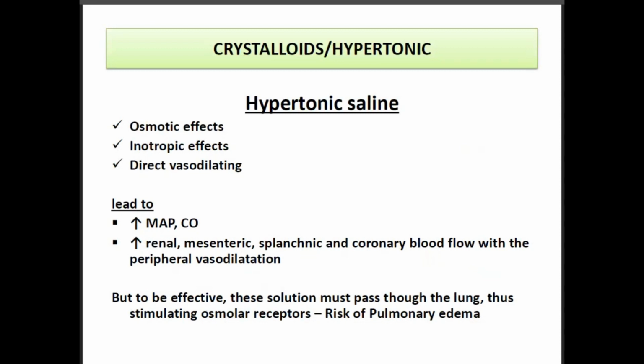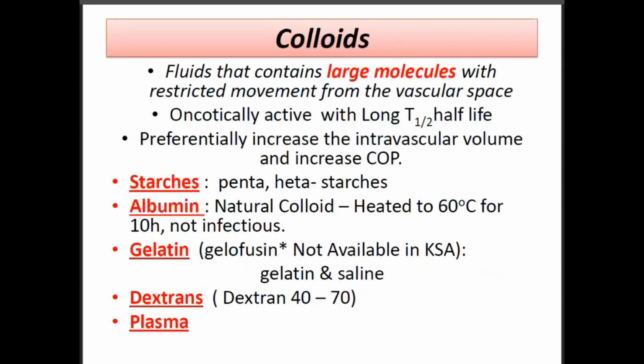So it will withdraw water from the cells and the extracellular compartment, specifically for the brain, it will reduce edema, but for the lung, unfortunately, it will cause more pulmonary edema. So you have to have the balance.